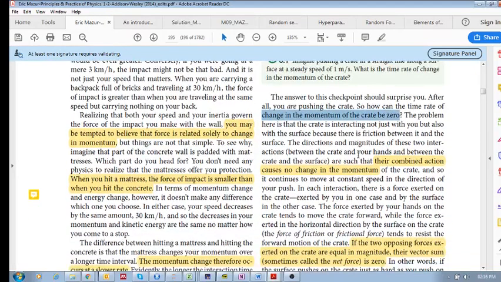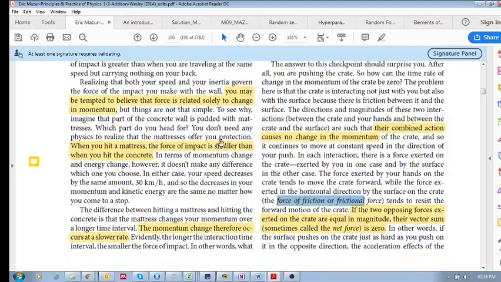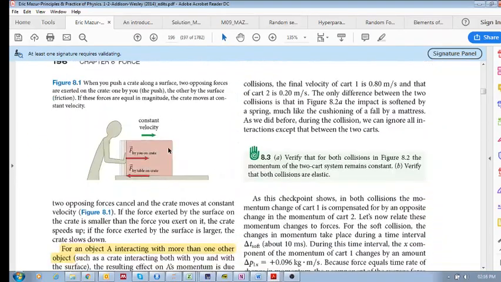The reason is because there are actually two forces. There's the force that you're applying to the crate, and then there's also the force of friction. So you're applying a force to the crate, and at the same time the table is applying a friction force to the crate.